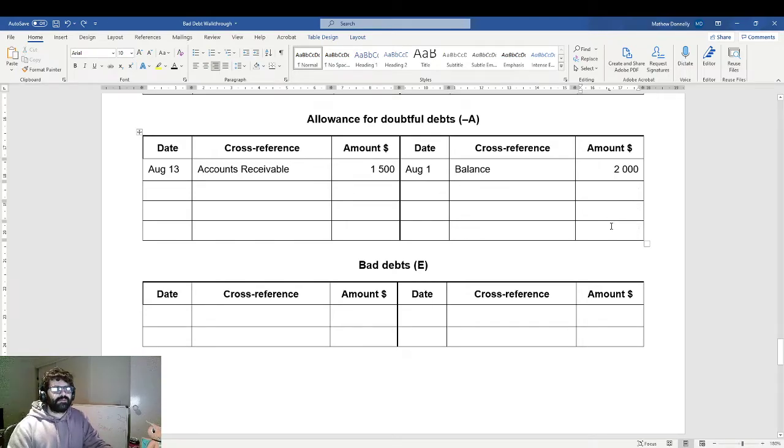So it needs to balance to 1,650. So how do we do that? Quite simply, we get our calculator out. We go 2,000 minus 1,500. We see our current allowance for bad doubtful debts after the 13th is 500.